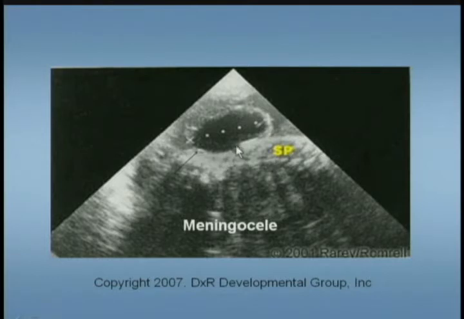There is a little bit of a defect here, and then you have this whole area that is extruding outward. This is a meningocele. So this is a more severe form of what we call the spinal dysraphisms. The mildest is the spina bifida, but it can progress to meningocele and myelomeningocele. And this is a meningocele which is diagnosed in utero.